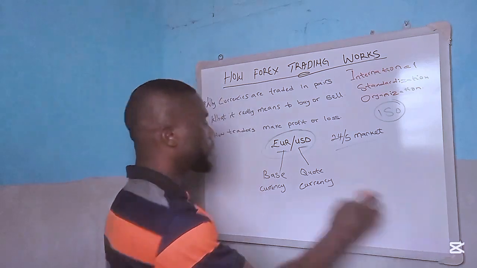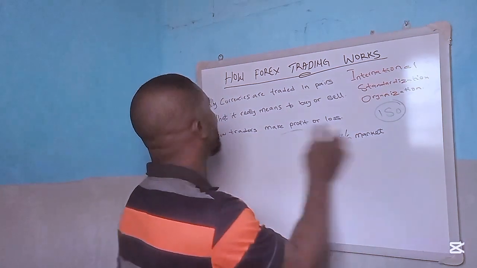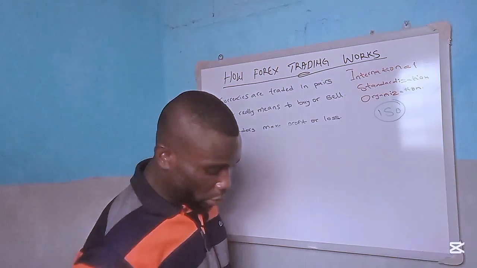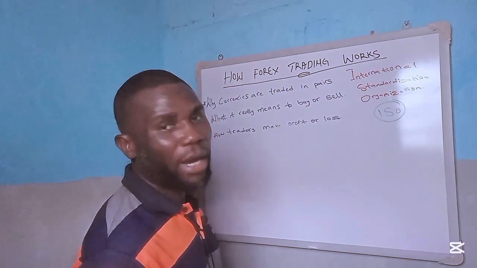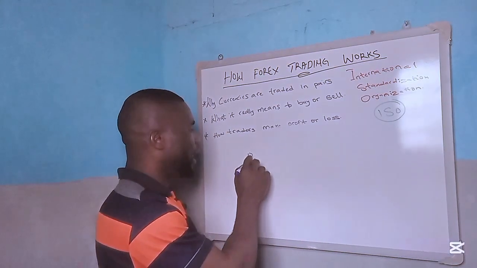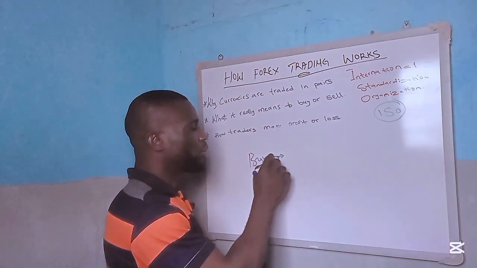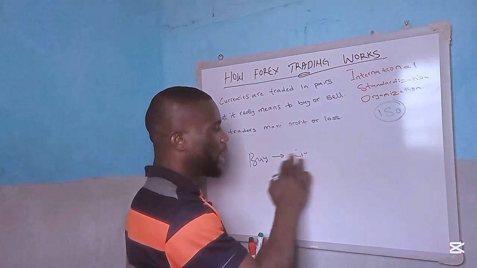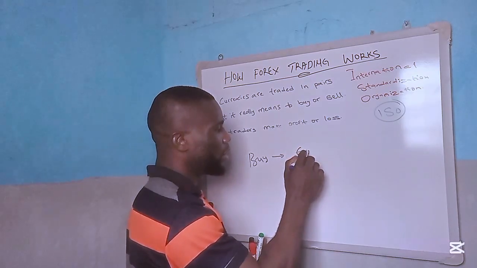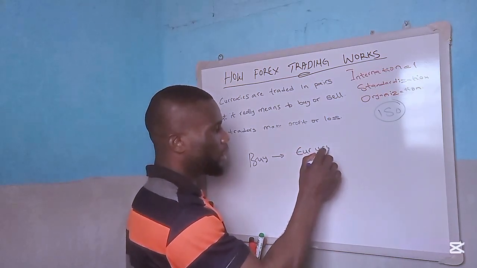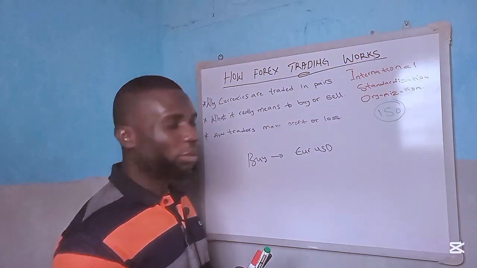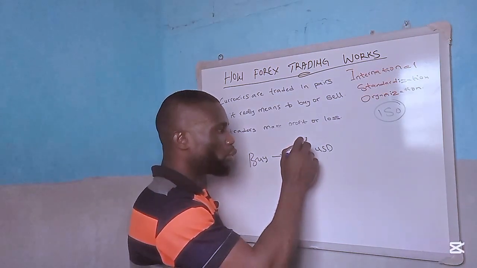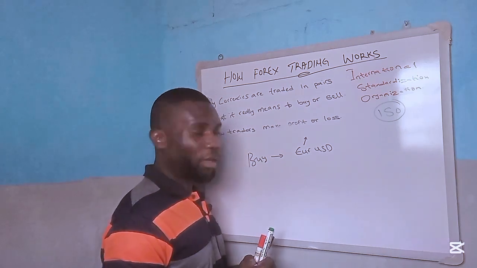So when we say what it really means to buy or to sell, this is what it means. Anytime you click buy, for example, let's use EUR/USD, what you are saying is you expect the Euro to go up, right?